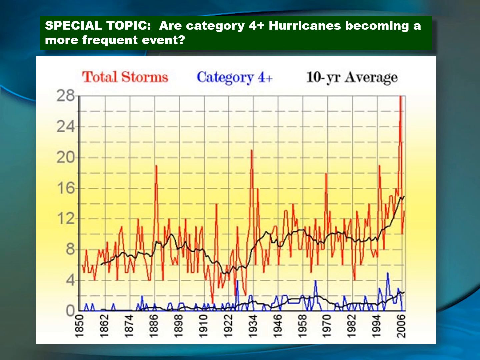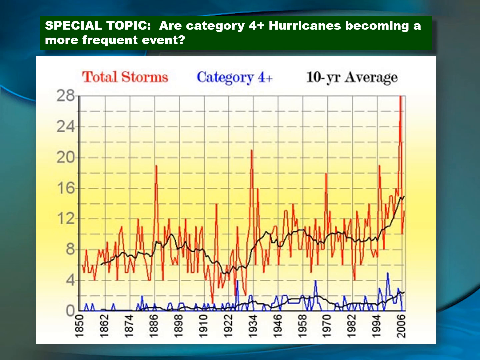Let's divide this up into half. Let's choose 1922 and say that's half of our data, okay? So looking at the left side of that, 1850 to 1922, category 4 is in blue. Gosh, hang on, guys.